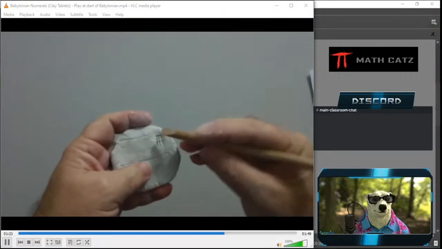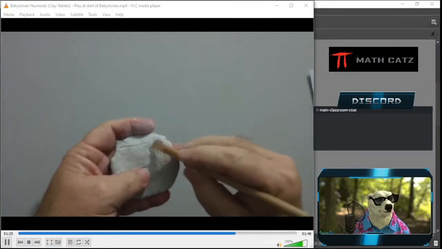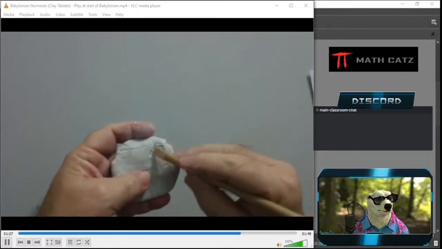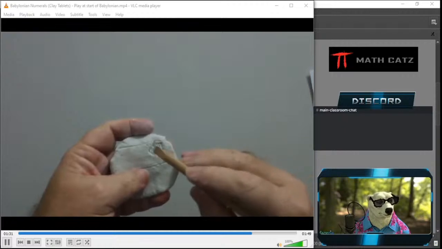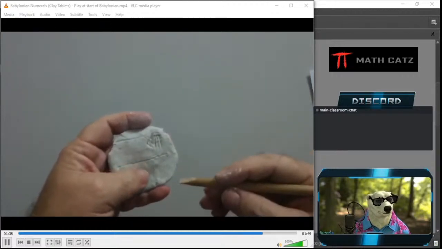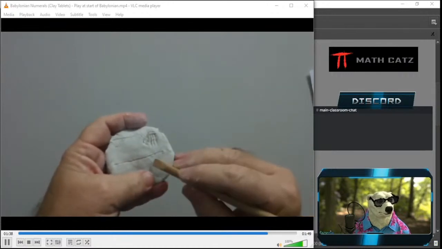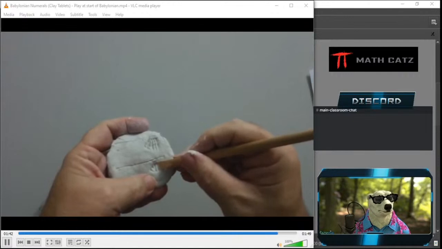The next symbol they used was one like this, which represented 10, and they could make 30, 40, 50. The number I have represented there is in fact 59. If they wanted to represent the number 23, they do 1, 2, and 1, 2, 3.